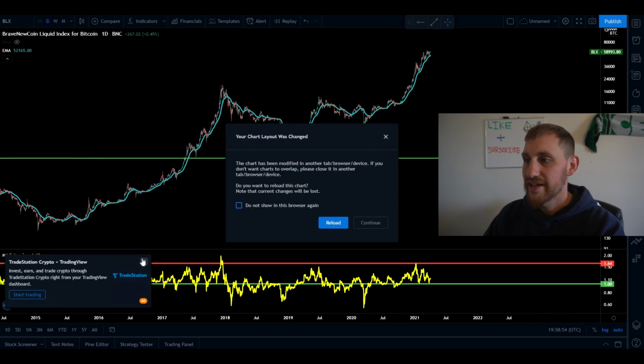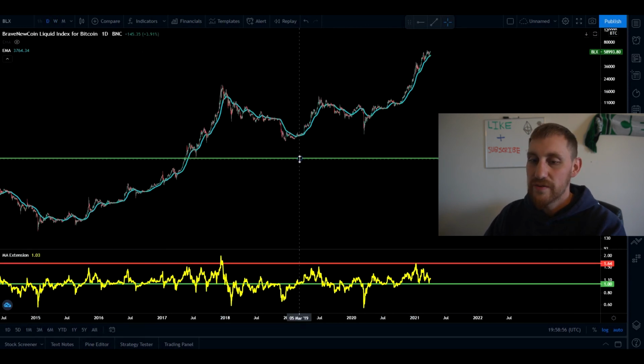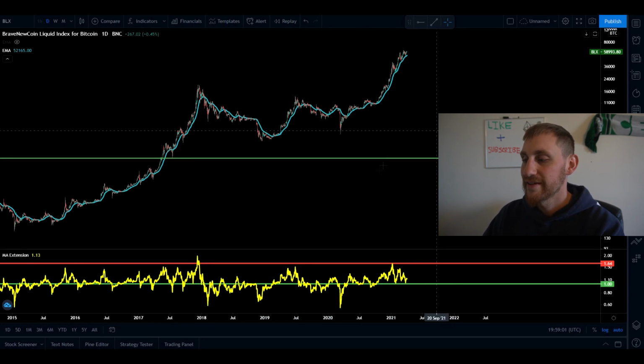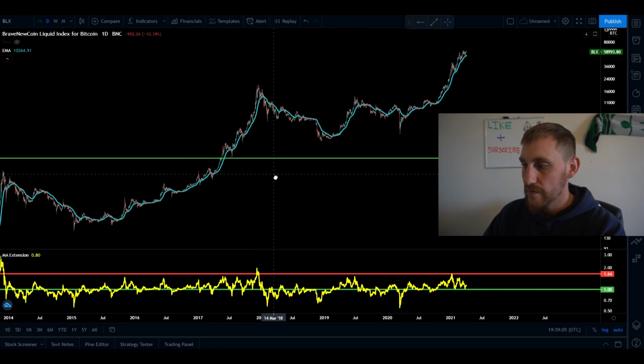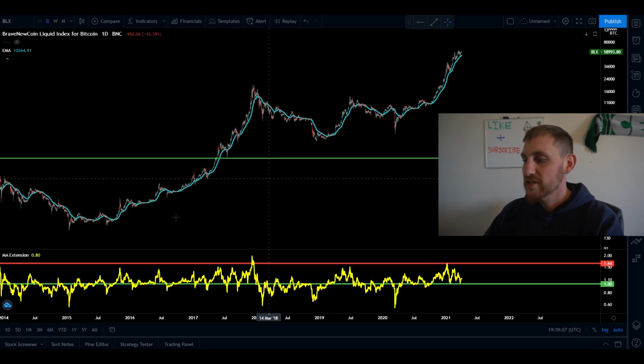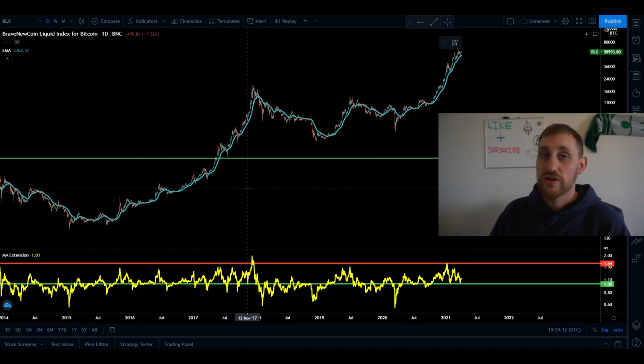The other interesting thing here, guys, is our extension from our 50-day moving average. So I also put this on here because I find this very interesting as well. What this basically is telling us is we like to go down below that 50-day moving average to reset it, which also correlates exactly with our 20-week moving average.